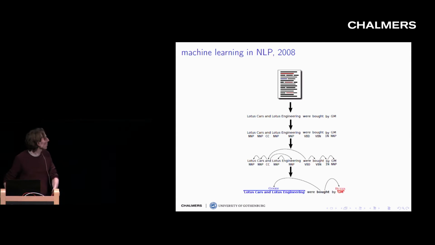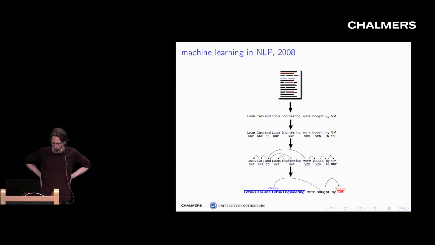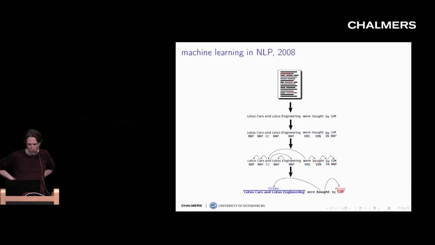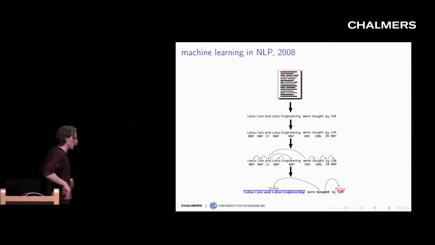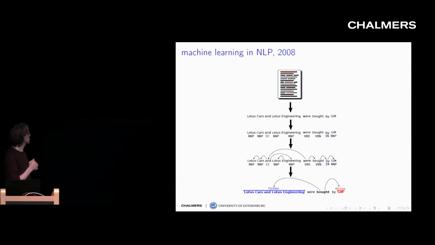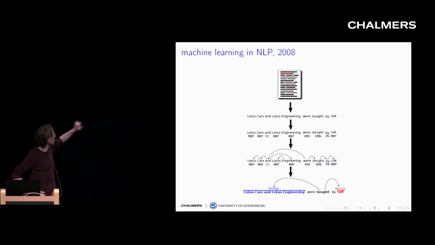So then after all of these intermediate stages, we would do some final analysis, and we would get the output that is the real objective of all this work. So this is something that I'm personally intimately familiar with, because I spent my years as a PhD student working on this exact task. I mean, just the last step in this pipeline, basically.